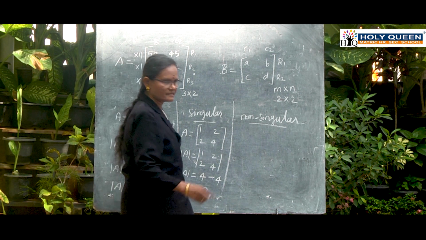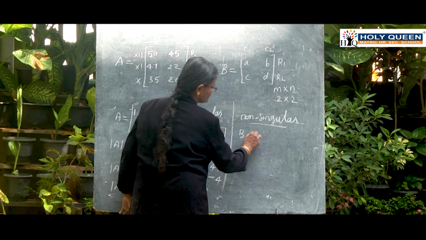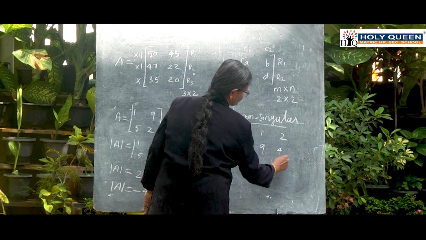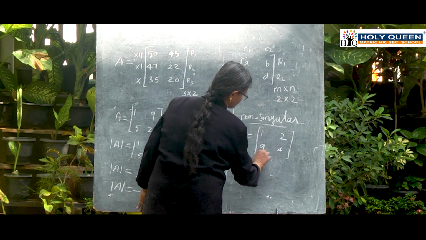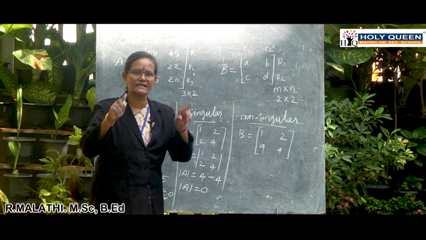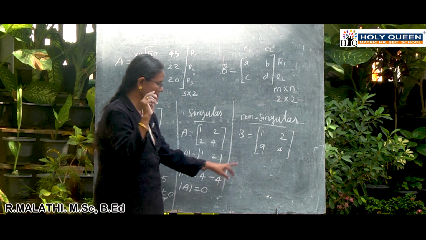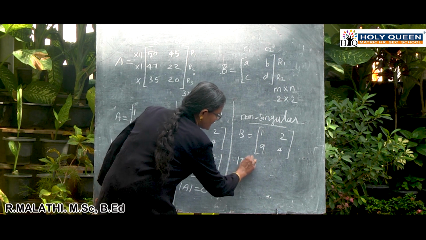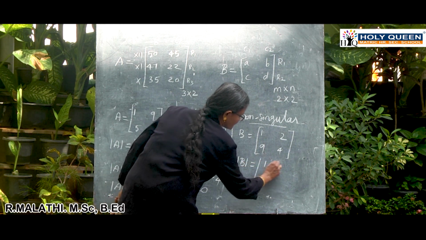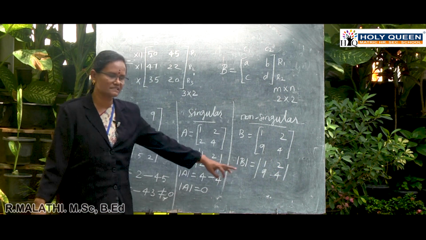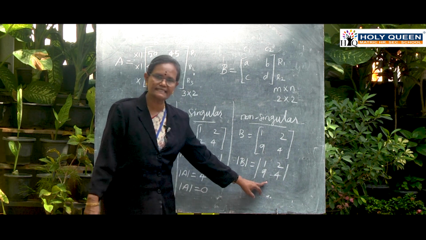Let us consider another matrix. B is equal to 1, 2, 9, 4. This is matrix B because all the elements are covered within the square bracket. Now, let us see how to find the determinant value of B. The determinant of B has all the elements covered within parallel lines or vertical lines.